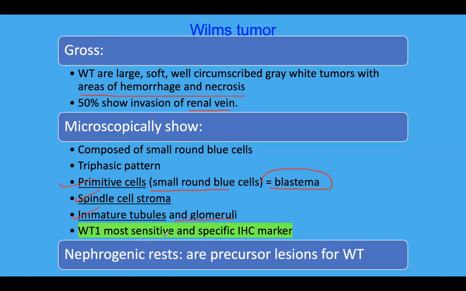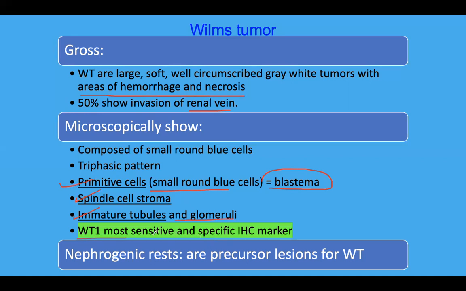Now, coming to the IHC markers, WT1 is the one to remember. WT1 protein is the one against which, if we apply IHC, this is the most sensitive and most specific marker for Wilms tumor. It has a uniform presence in the blastemal component and variable presence in the spindle cell and epithelial components.